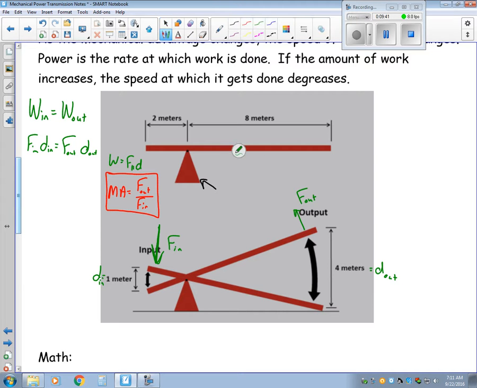So notice, going back to my work equations, I can do a little bit of math, and I can see that the input distance divided by the output distance equals the output force divided by the input force. Well, that right there is mechanical advantage. So I see that mechanical advantage is output force divided by input force, or mechanical advantage can equal the input distance divided by the output distance.